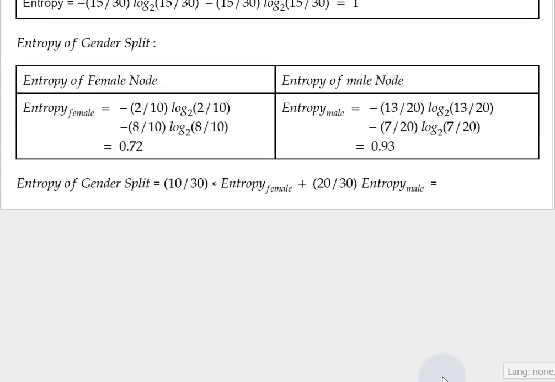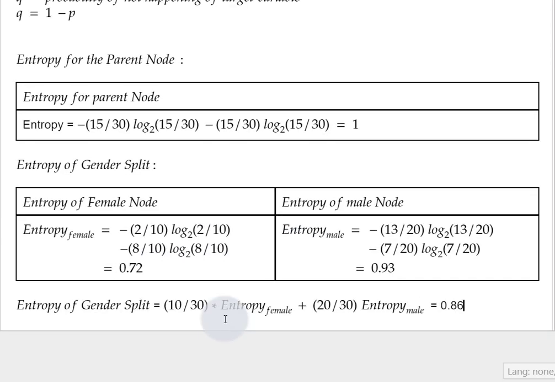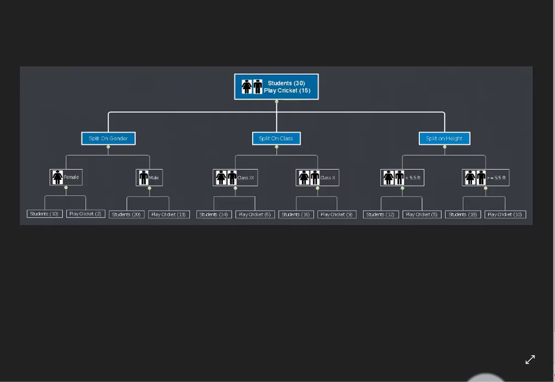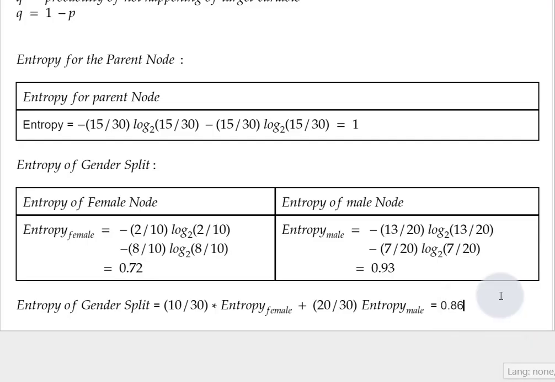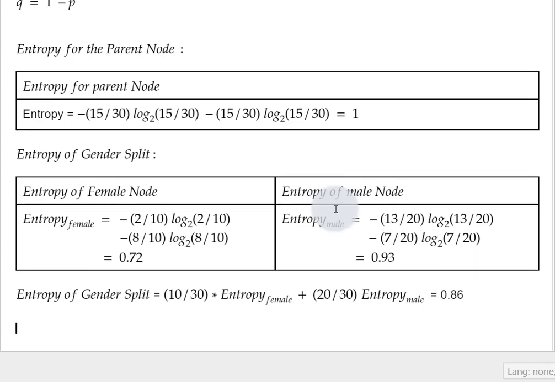If I just calculate it, the value is somewhere around 0.86. So we calculated the gender split wise entropy value over there, right? Similarly, we can calculate the split based on class, the entropy value based on class over there, right? So let us do it. Similarly, entropy for class split.